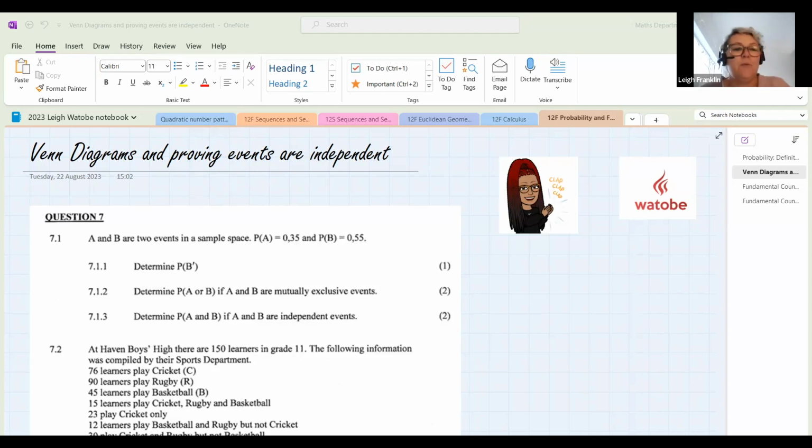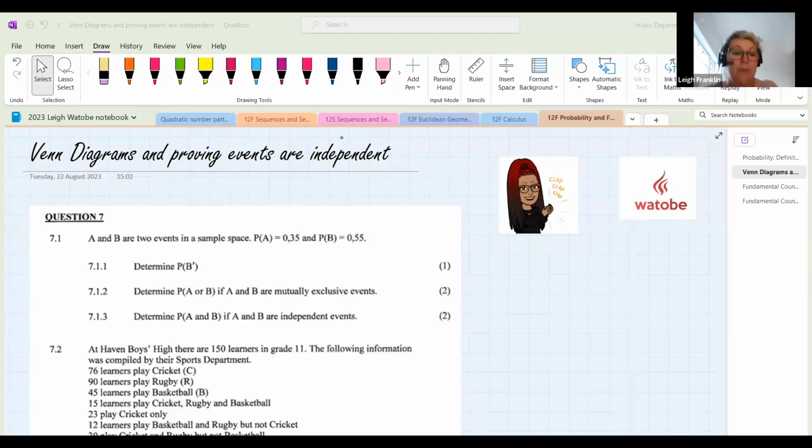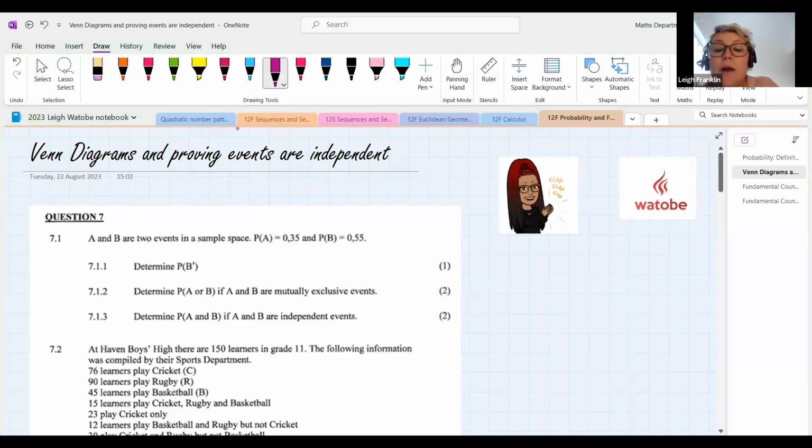The first question that we're going to look at is a question where we would have to use our formulae, and our formulae are not given to us. We need to learn them, right? So the formulae that we would need to be able to answer question 7.1, the first formula is this one: the probability of A or B is the probability of A plus the probability of B minus the probability of A and B. Is that familiar to everybody?